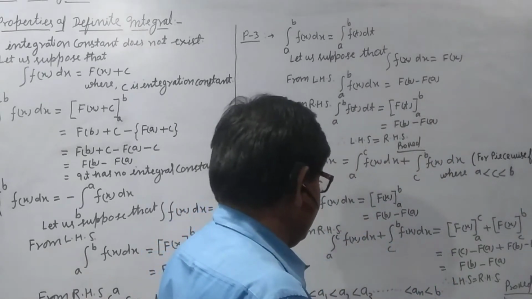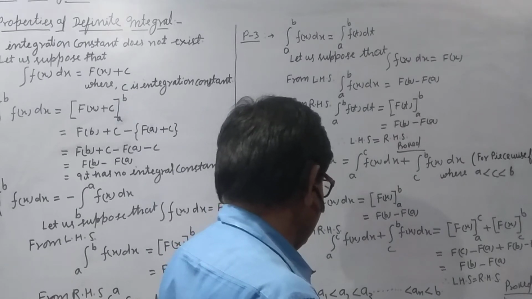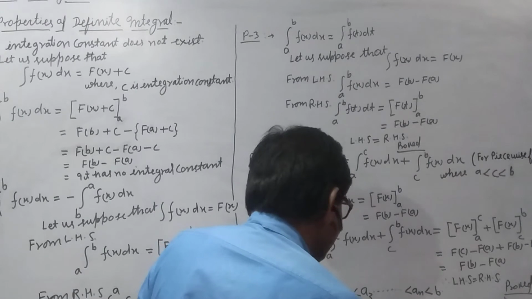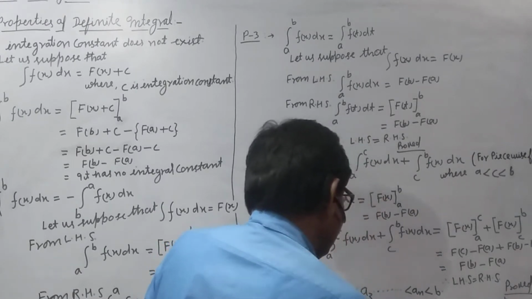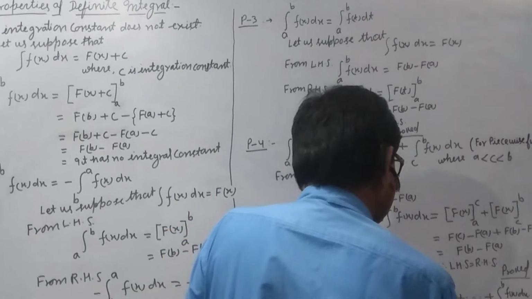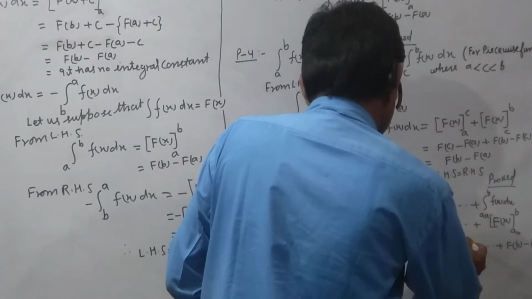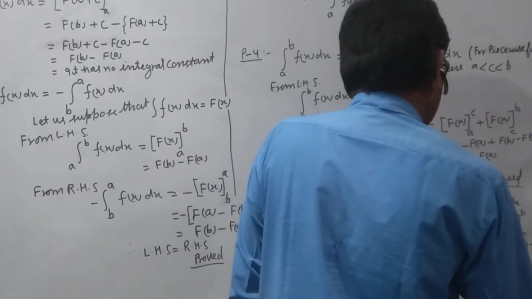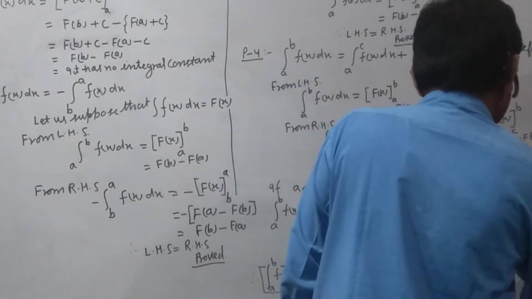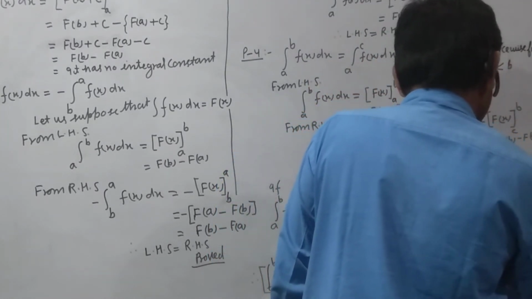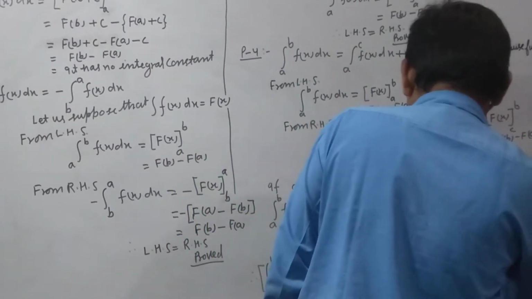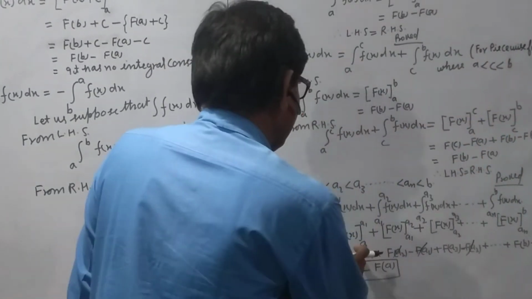Now in this case, F(a1) cancels, F(a2) cancels, and so on, so what remains is F(b) minus F(a).